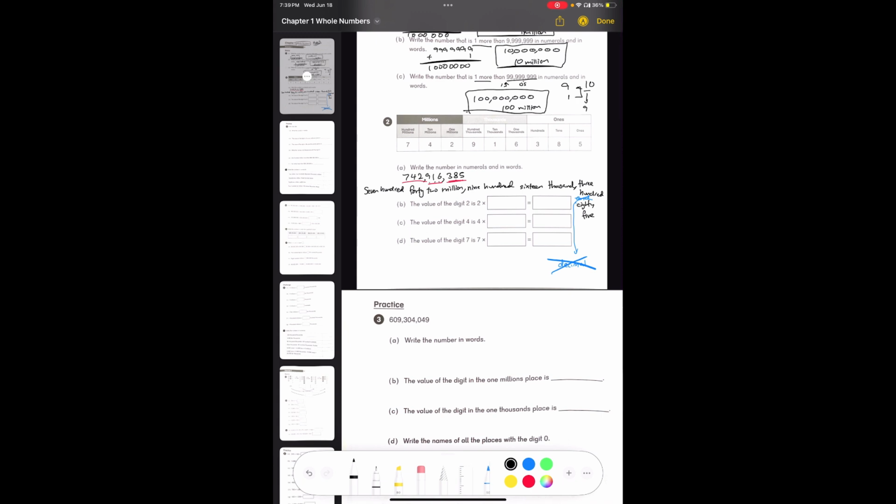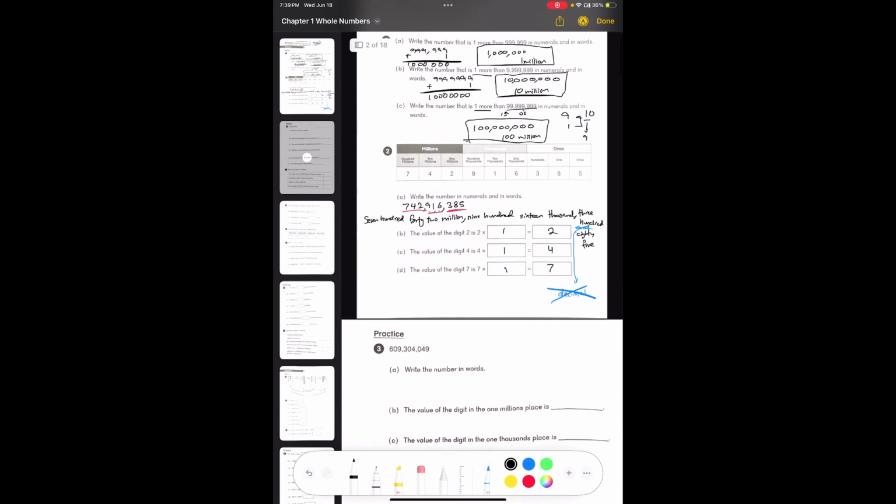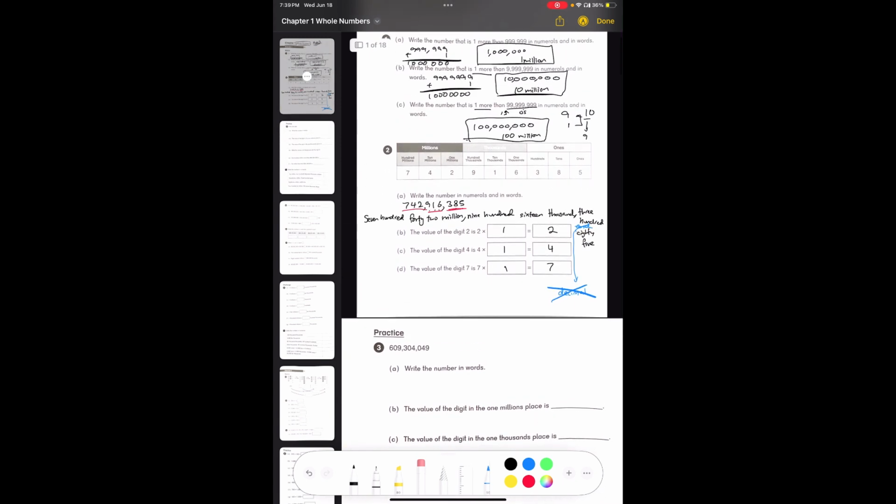So the value of the digit 2 is 2 times 1. So 2 times 1, 4 times 1, 7. Each of these is sort of a 1 here, but you need to multiply by the digits here.